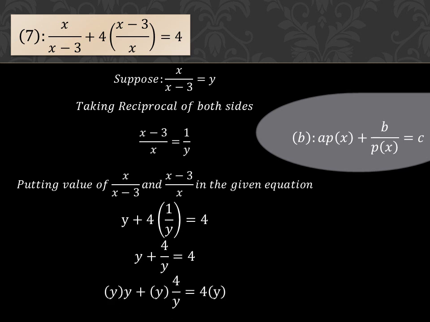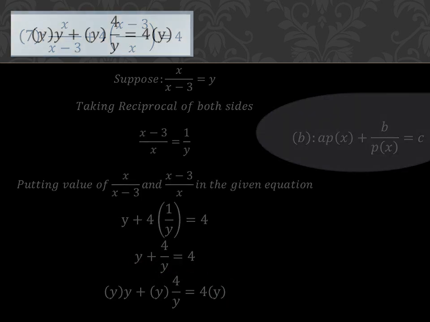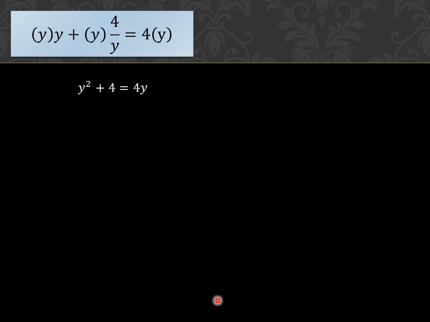We have to take the LCM now. Our denominator is only y, so we will multiply y with all the sides of the equation. After multiplication, we will get y squared plus 4 equals 4y, because this y and y will get cancelled with each other. Now we have to arrange the terms.